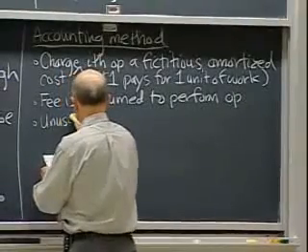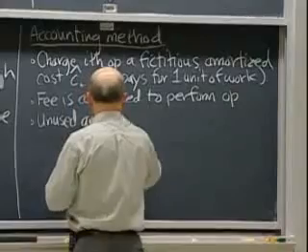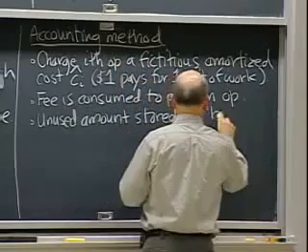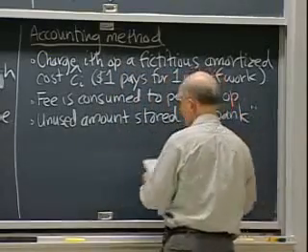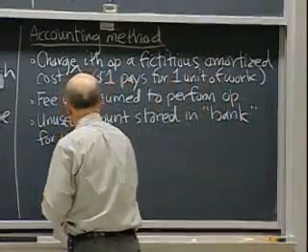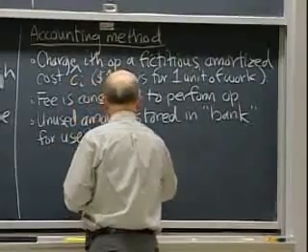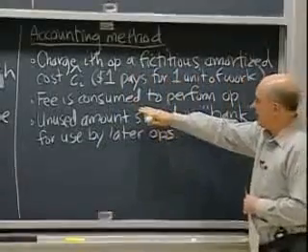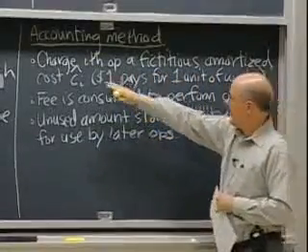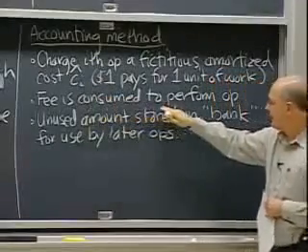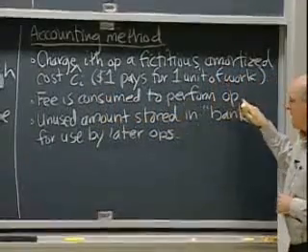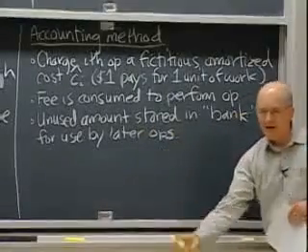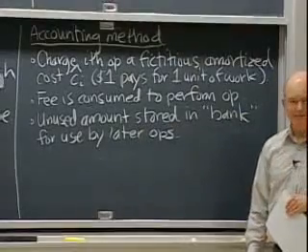So if there's any unused amount, it's going to be stored in the bank for use by later operations. So the idea is that if the fee that is being paid, the C sub i hat fee, isn't sufficient to pay for performing the operation, then you take money out of the bank to pay for it.